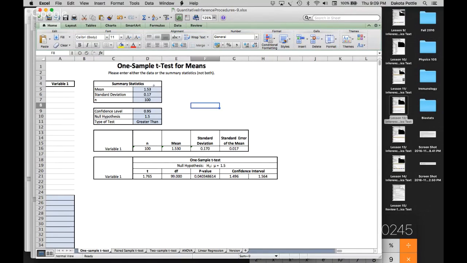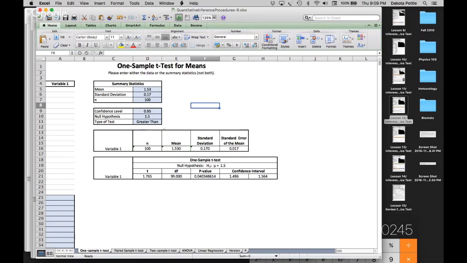We're wanting to get the p-value out of all of this. And now you have to make sure that for this type of test, when you read the question, it says that the person doing this research wants to know if the nicotine value is greater than the null.